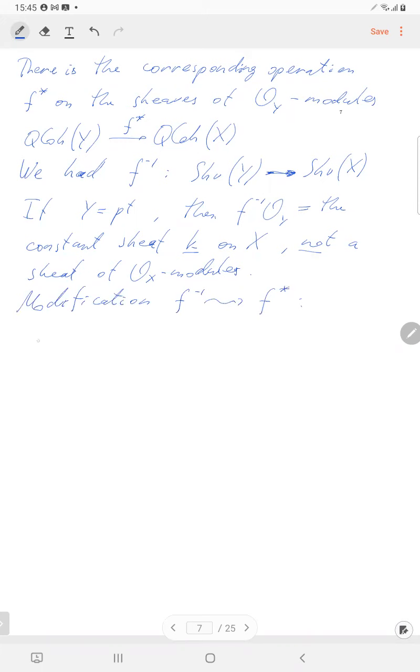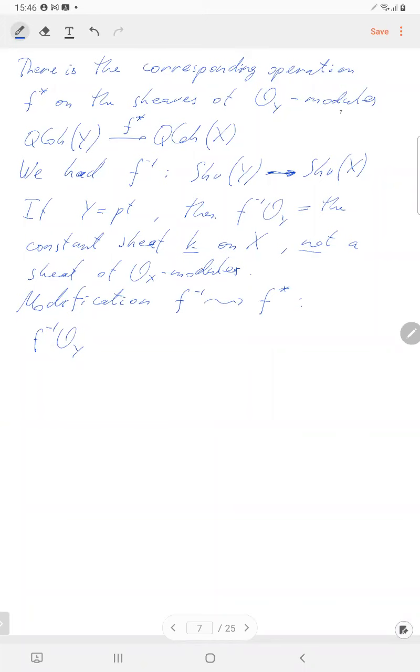You see, let's take the pullback of the structure sheaf OY. Then as we just argued, it's a bad sheaf on X, but still this bad sheaf, it's too small, so to say.